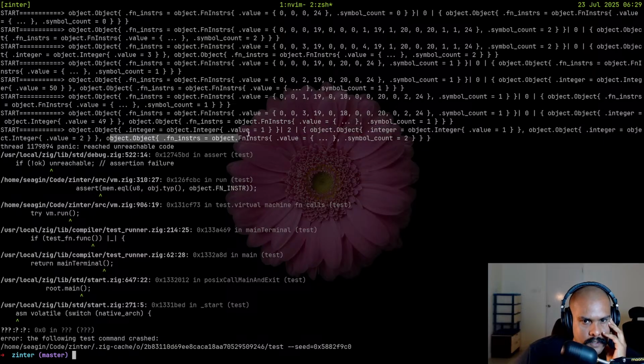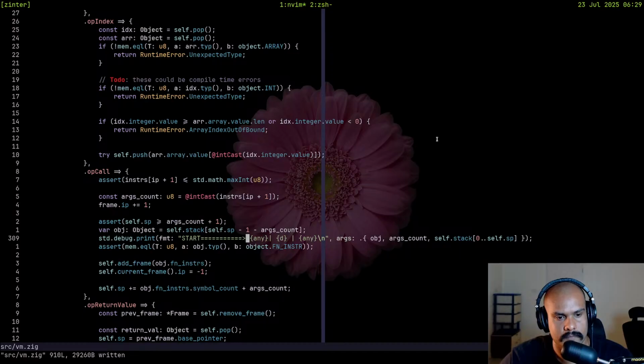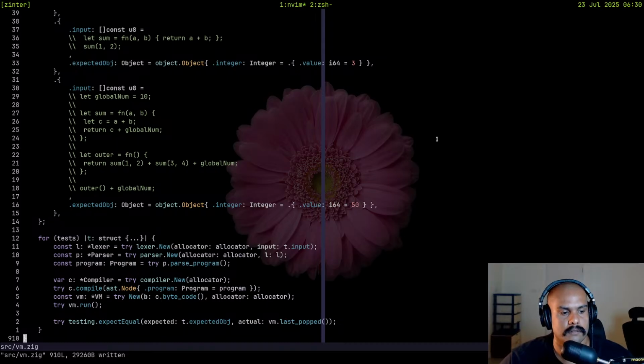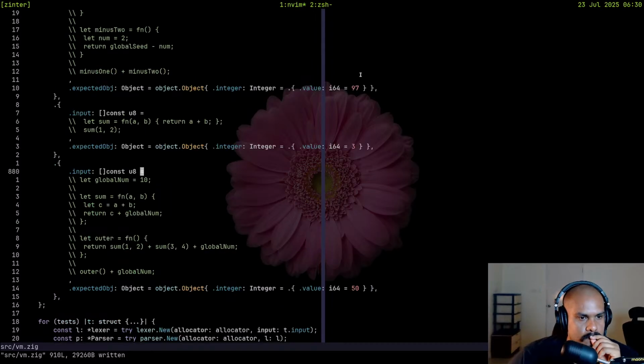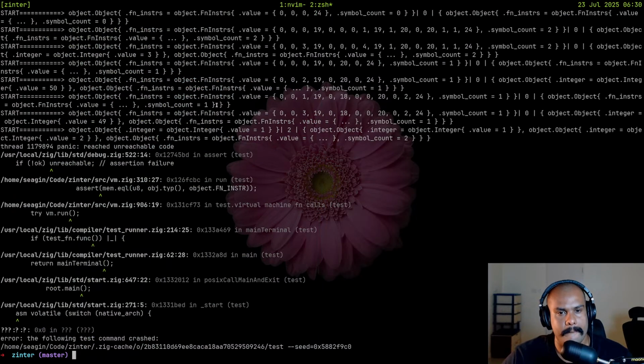Two, and then the function itself. So there's only three things on the stack. 1, 2, and the function itself. Right?